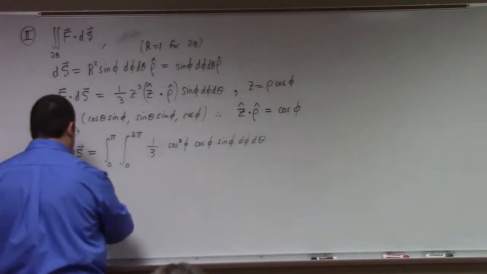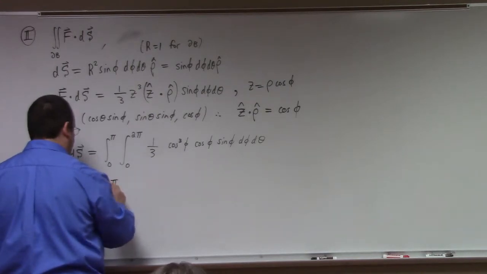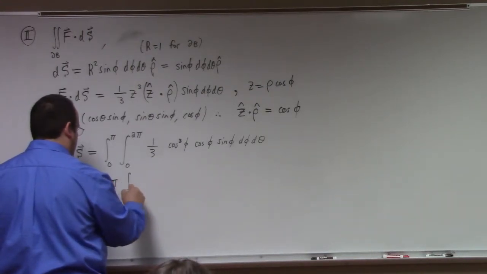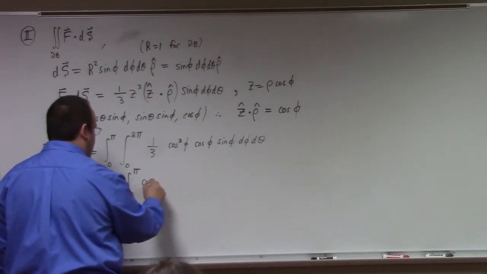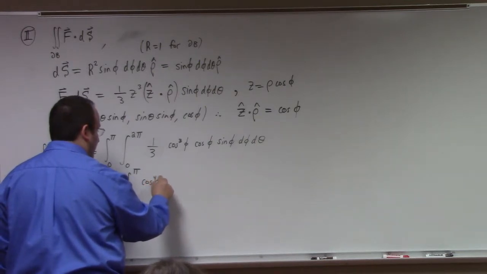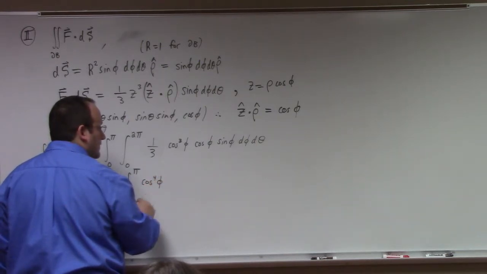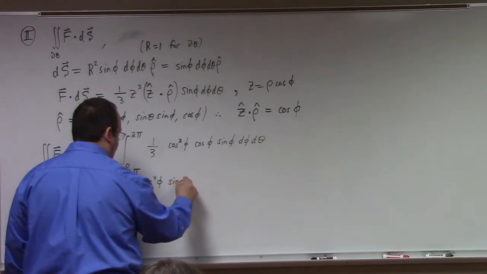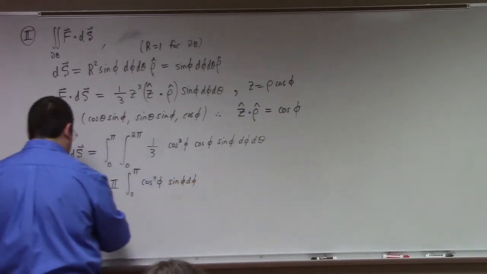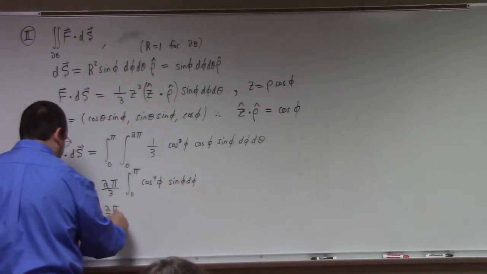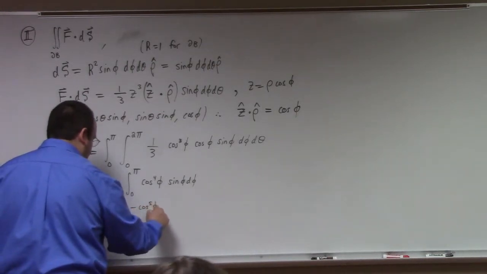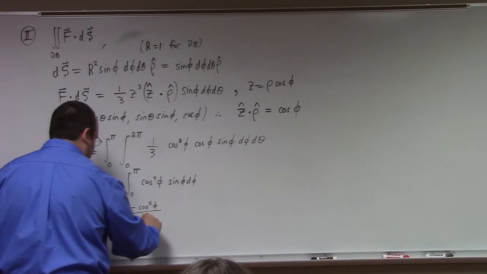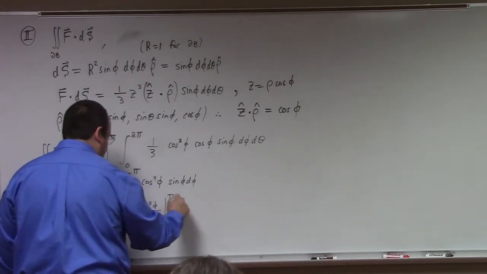So that gives us 2 pi, right? And then the integral from 0 to pi, well, 2 pi over 3, I'll bring the 3 out front. Looks like we got cosine to the 4th phi sine phi d phi, yeah? And so we're looking at 2 pi over 3 times minus the 5th power of cosine of phi divided by 5, evaluated from 0 to pi.